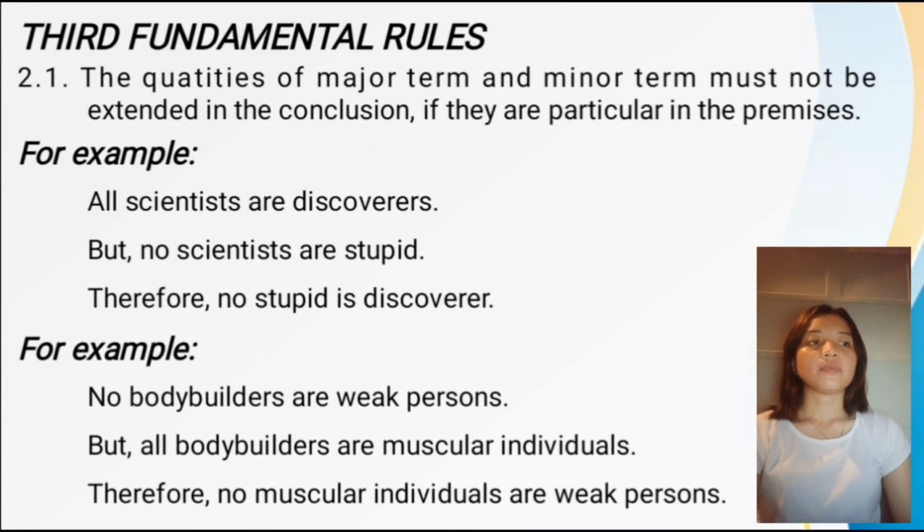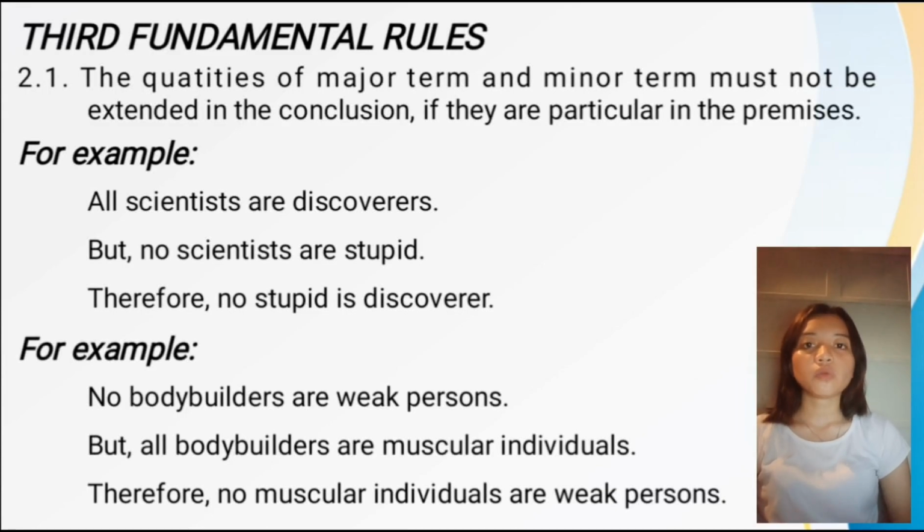So, here the subject term bodybuilders is particular in the first premise. No bodybuilders are weak persons. And universal in the second premise, which is all bodybuilders are muscular individuals.